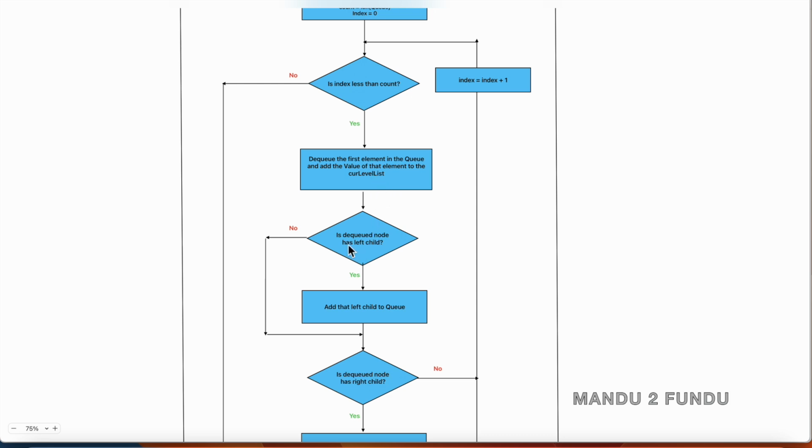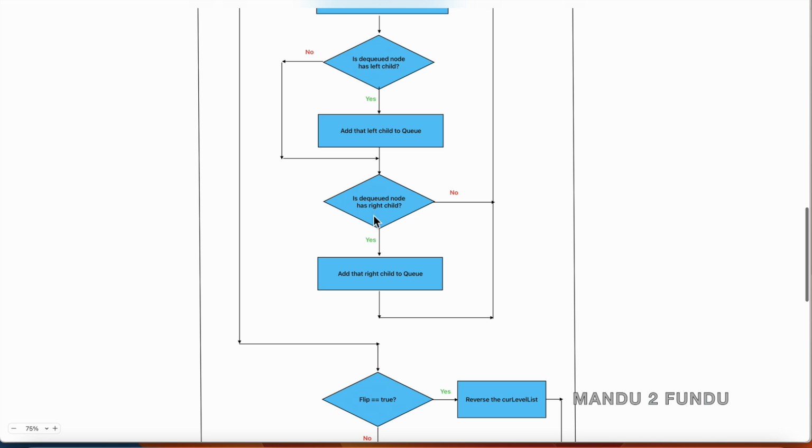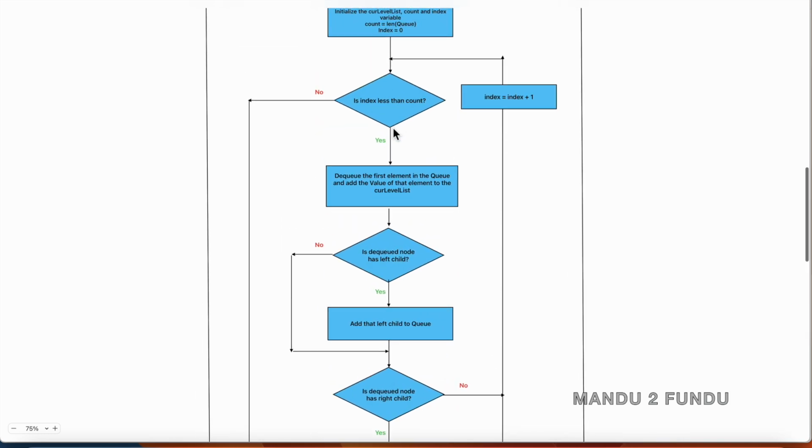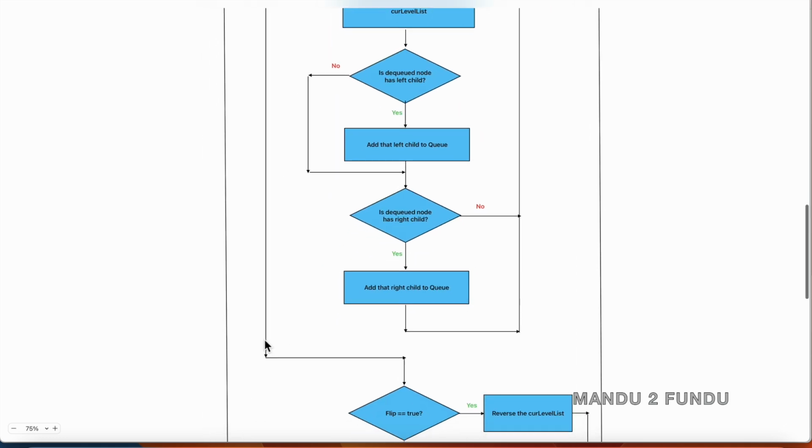Then it will check whether that element has a left child, and add that left child to the queue. If it has a right child, it will add that right child to the queue. It will continue until it processes the count number of elements in the queue. Once it processes all the elements, it will come out of the loop.